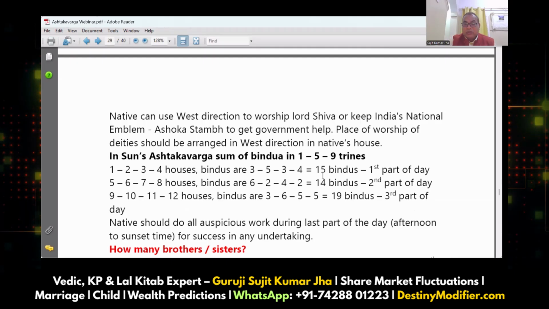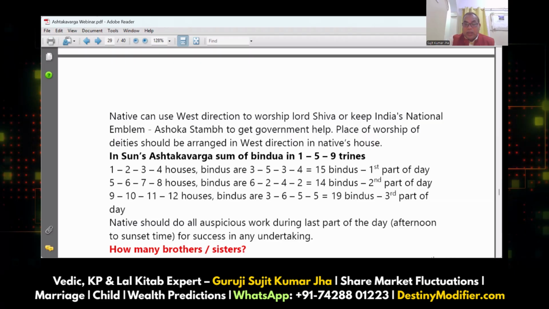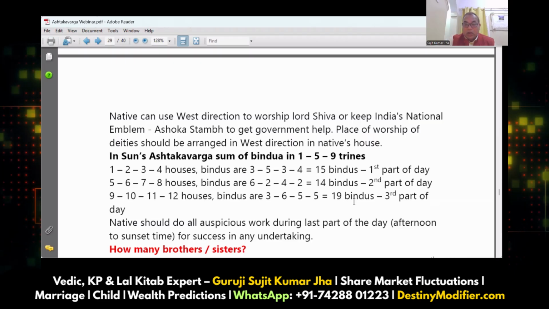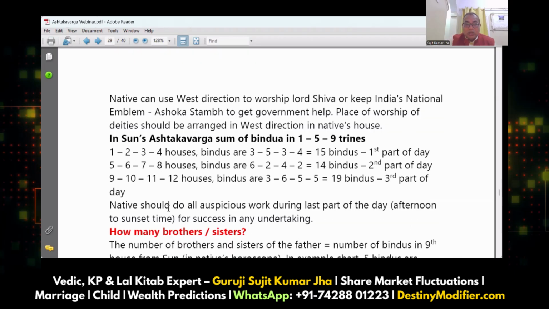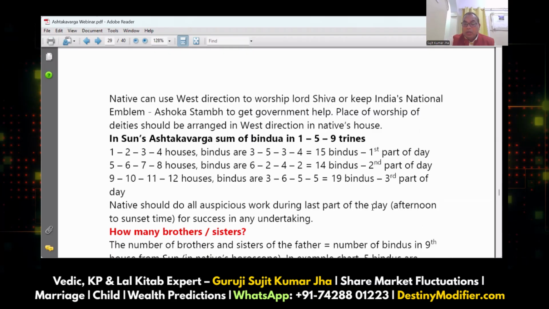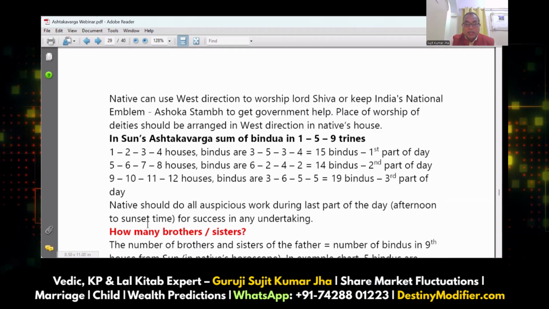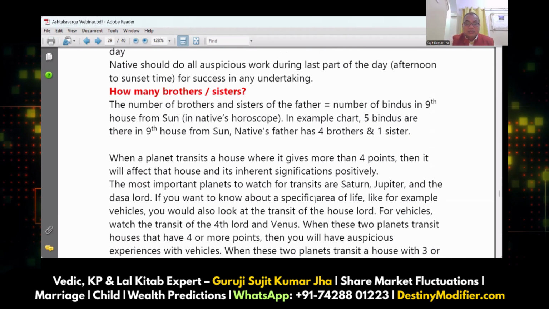So 15 points means the first part of the day, then the second part of the day, and the third part of the day. The third part has the maximum of 19 points. What does it mean? The native should do all auspicious work during the last part of the day, between afternoon and sunset. Then he will get success.